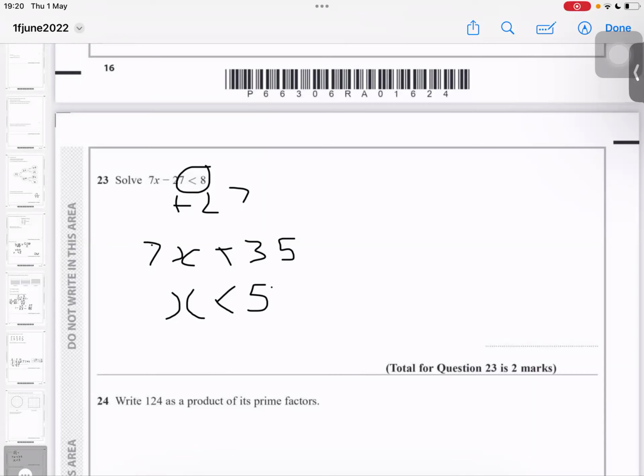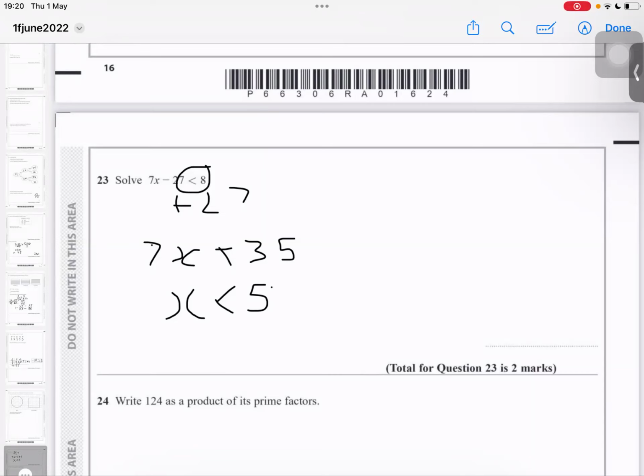But let's just pretend we had minus 7x less than 35. What would have happened is that you would have had to divide both sides by minus 7, and guess what would have happened?